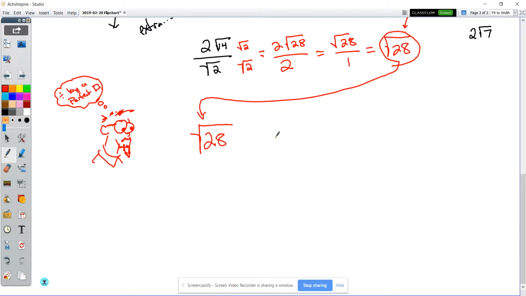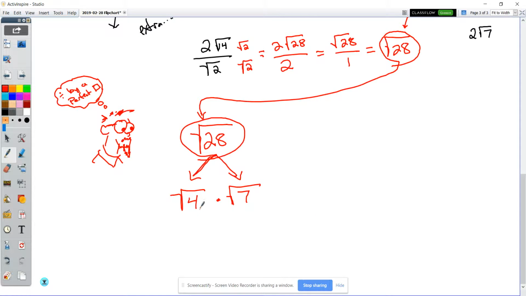I know I can simplify it because I know that the perfect square it is divisible by is the number 4. So when I see this number, I automatically go, man, this number can be broken down this way. And this might look like a factor tree to some of you. 4 times 7, right? Now I split it up this way because this number is a perfect square.